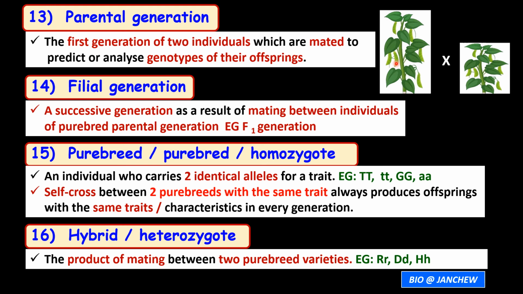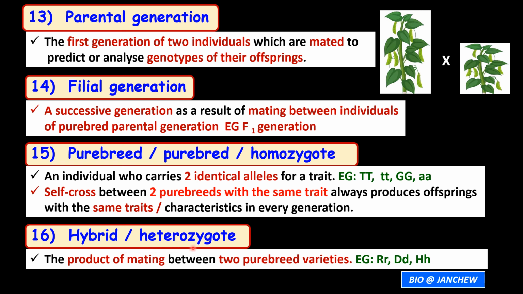Okay, so the offspring will have the same traits in every generation. All right, so you take the offspring and cross it among themselves, you still get the same characteristics. That means the second filial generation, which is the offspring of the first filial generation, will also be the same. It should also be tall, and it's a purebred.